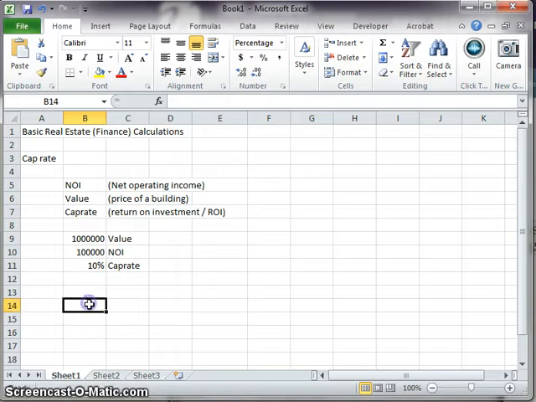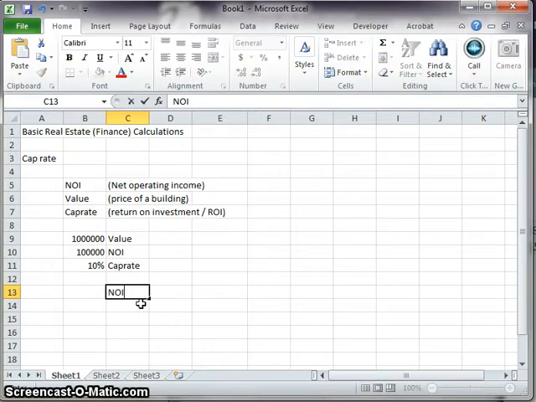But let's say that we look out at a bunch of buildings that are similar to ours, and they have all sold for a cap rate of 10%. And we know that our building has NOI of $324,456.